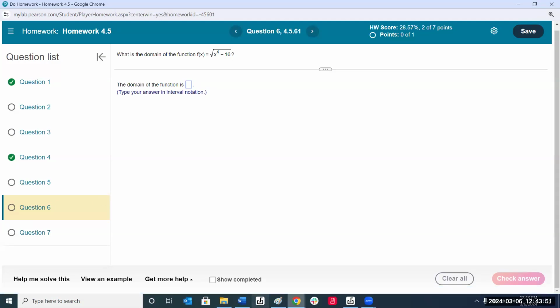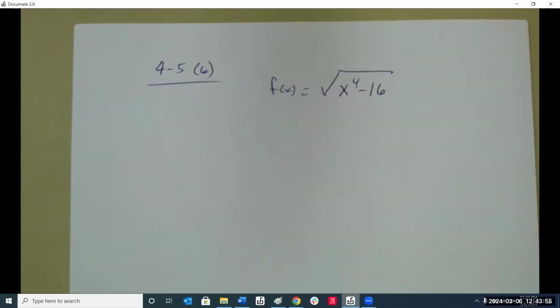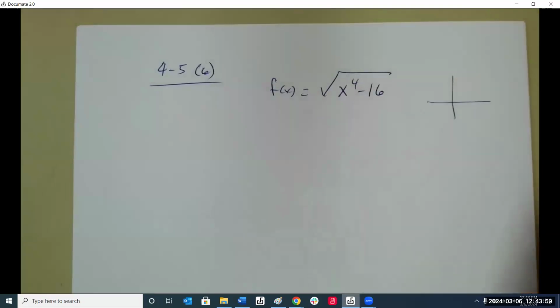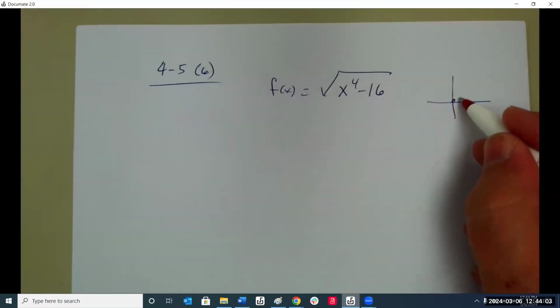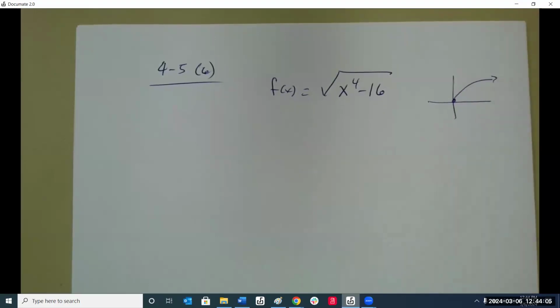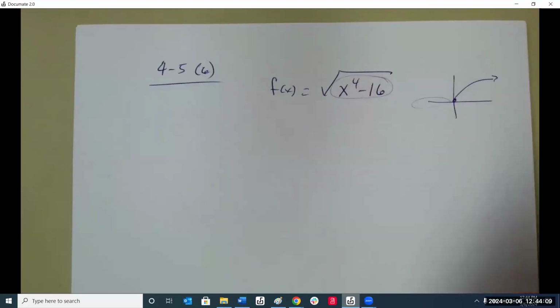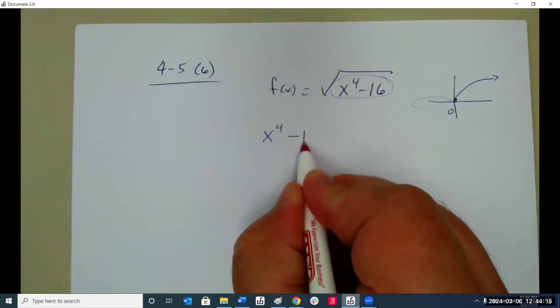We just want to know the domain. So how do you figure out the domain of this? What's the graph of the radical function? So it can't be negative. So the smallest it can have inside here is what? 0.